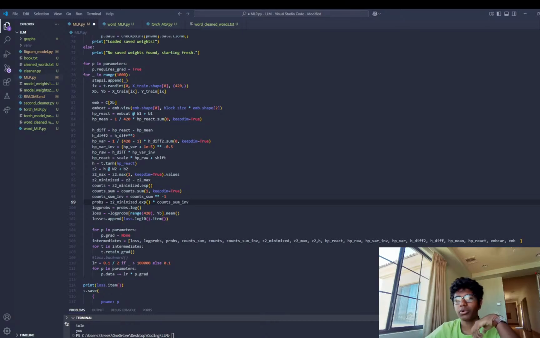So minus one over probs of i, where i is the correct class.